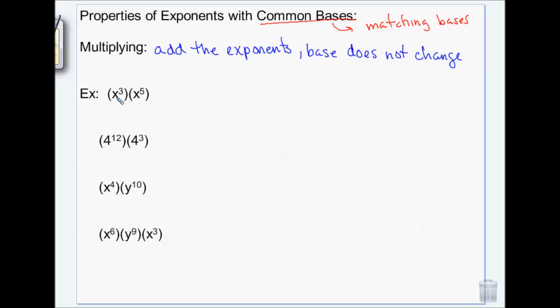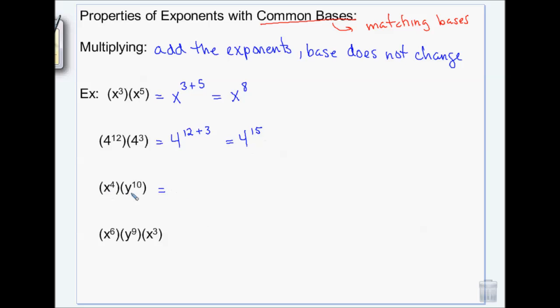Okay, so x to the third times x to the fifth is x, and you're going to add 3 and 5, so that's x to the 8th. 4 to the 12th times 4 to the third, you do 12 plus 3, so you get 4 to the 15th.